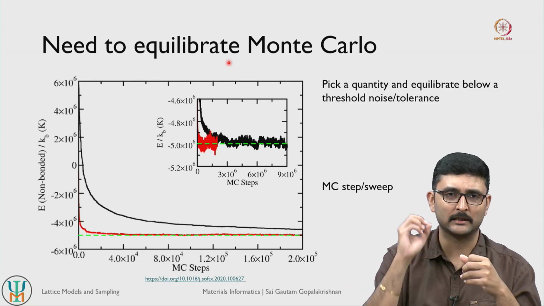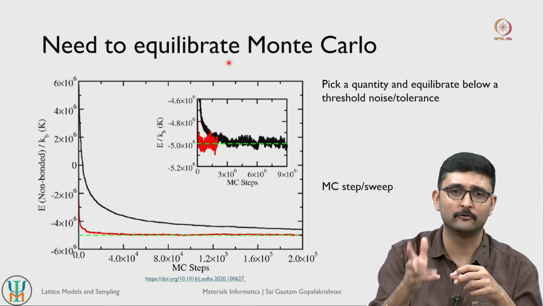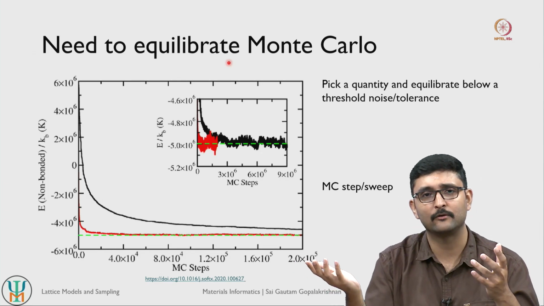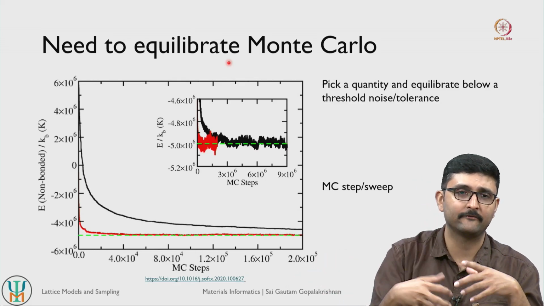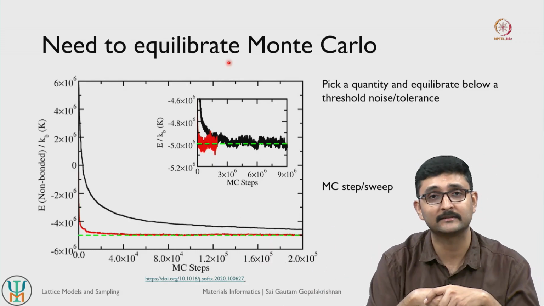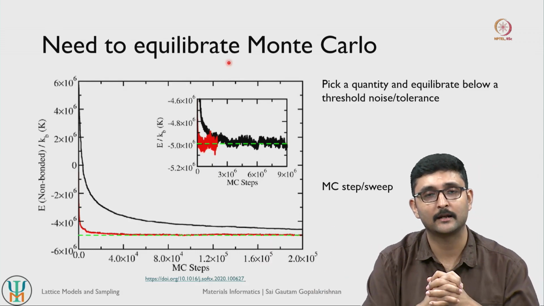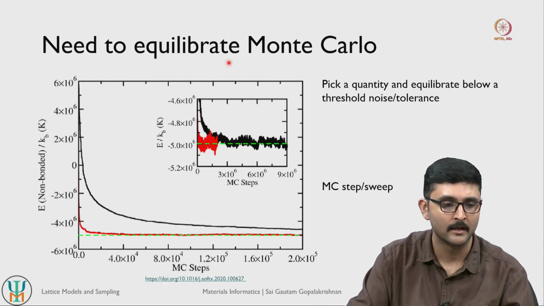This is similar to the throwing darts case to estimate pi. If you throw too few darts, you are not going to get a very good approximation of pi. So you need to use a sufficiently large number of darts or sampling steps to ensure that you are getting values closer to the quantities of interest.